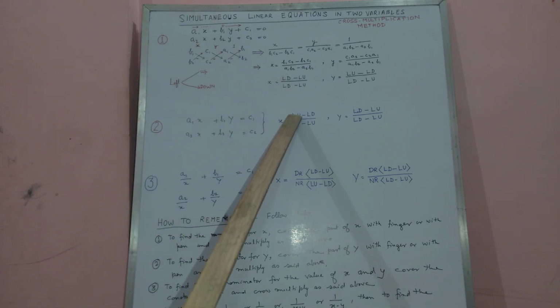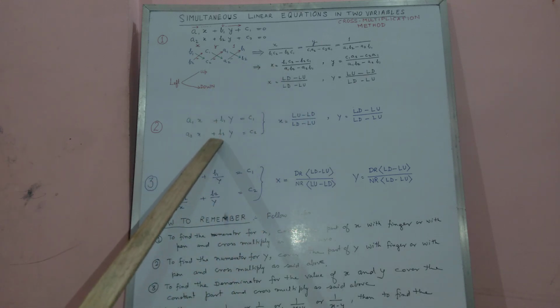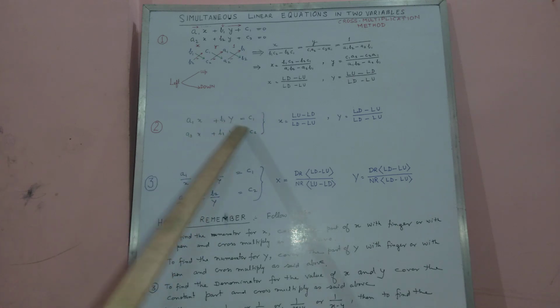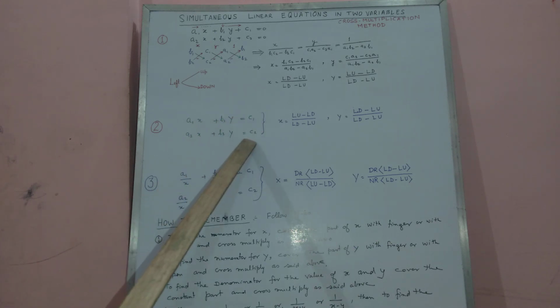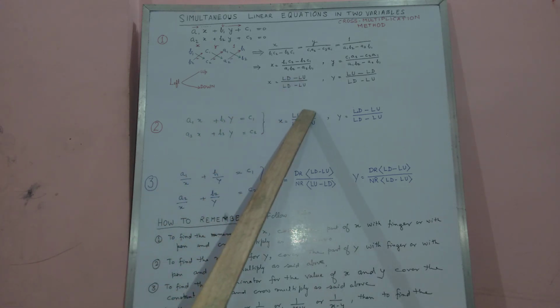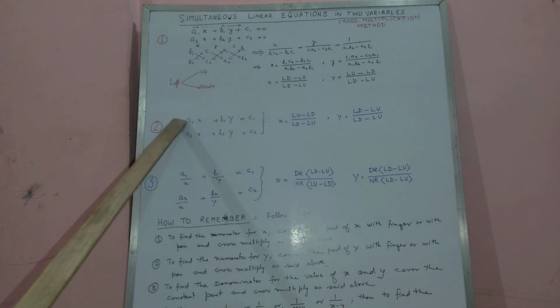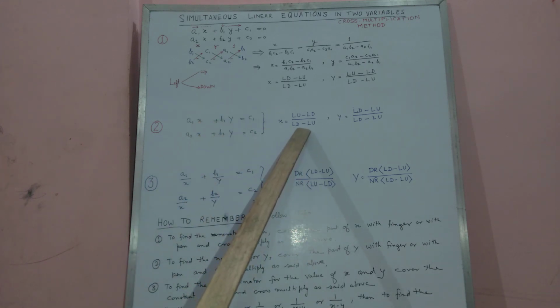So you see, left to up. Left to up means b2 into c1, and minus left to down means b1 into c2. For the denominator, you again cover the constant part and cross multiply the coefficients of x and y. So this will be the formula to find the value of x.